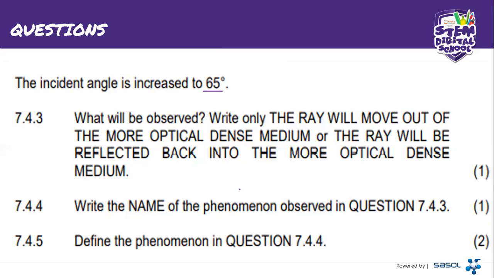So if I continue further and I increase the incident angle to 65 degrees, it means now I am making the angle of incidence to be greater than the critical angle.